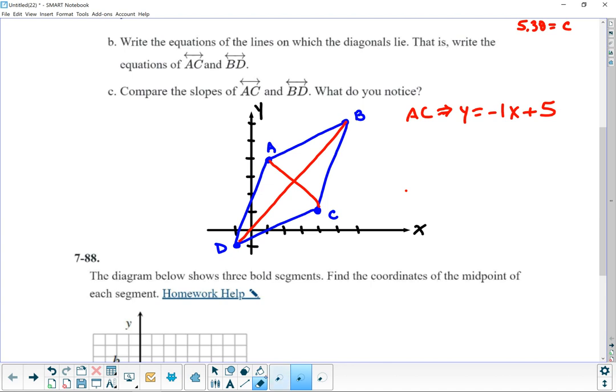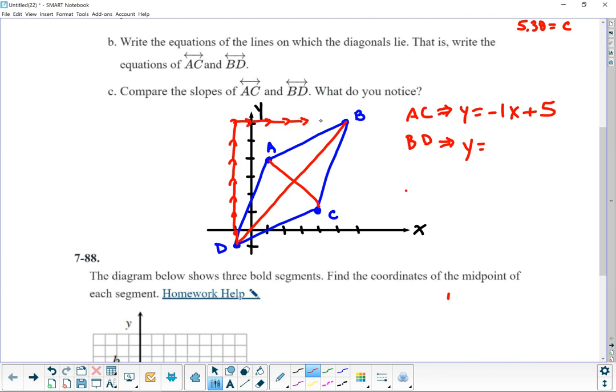Okay, line BD. It's going to be y equals mx plus b again, but we're going to be able to figure out what it is. So let's see, from D to B, we're going to go up 1, 2, 3, 4, 5, 6, 7, and then over 1, 2, 3, 4, 5, 6, 7.